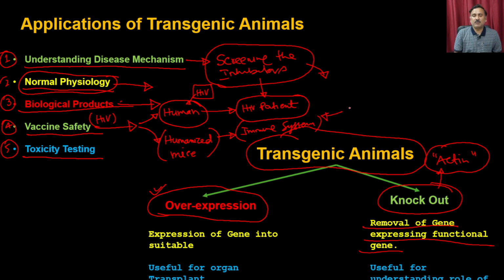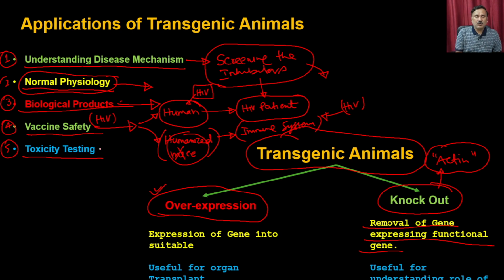You can put the vaccine in them instead of injecting a human. Ultimately, if the experiment does not go as per your plan, at least these mice will only get the HIV, not the humans. And there are other cases where the testing itself is a problem.